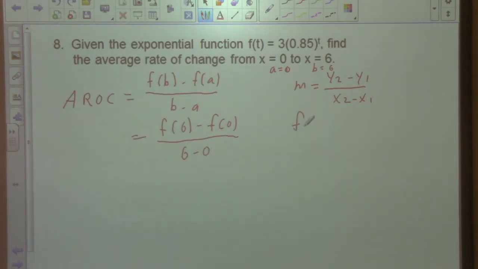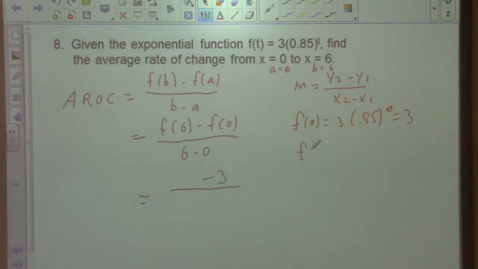Well, f of 0, if we plug in 0, what are we going to get? We'll get 3 times 0.85 to the power of 0, which is 3. So we have minus 3 in the place of f of 0.